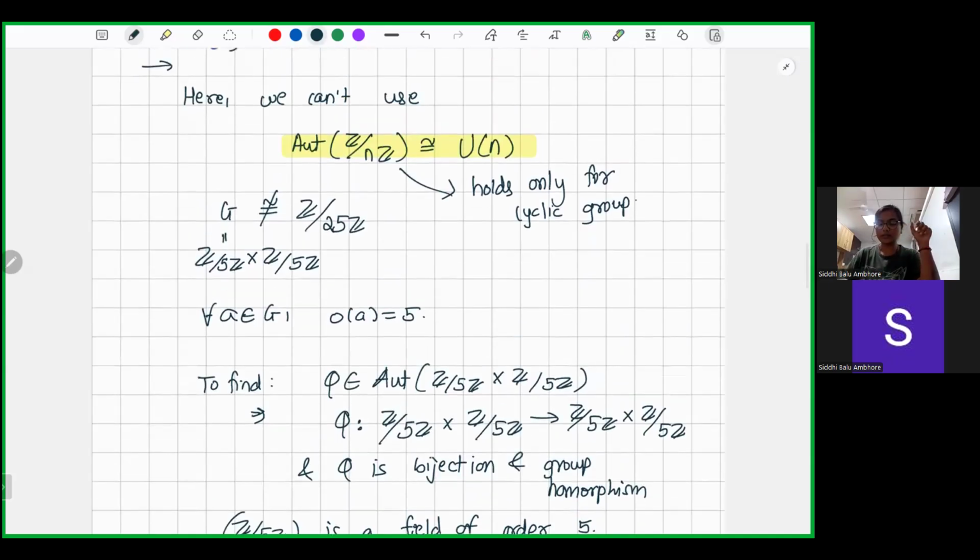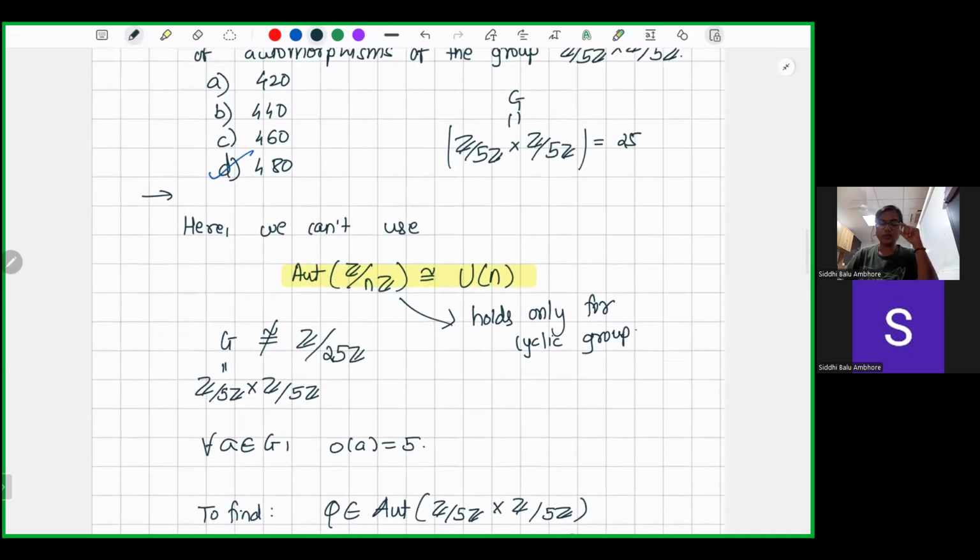I hope you understood. Please note that we can't use the automorphism group of Zn being isomorphic to Un for any group. It has to be a cyclic group. In this case, Z5 cross Z5 is not a cyclic group because every element in Z5 cross Z5 has order 5. And second thing, Z25 is a cyclic group which has an element of order 25.